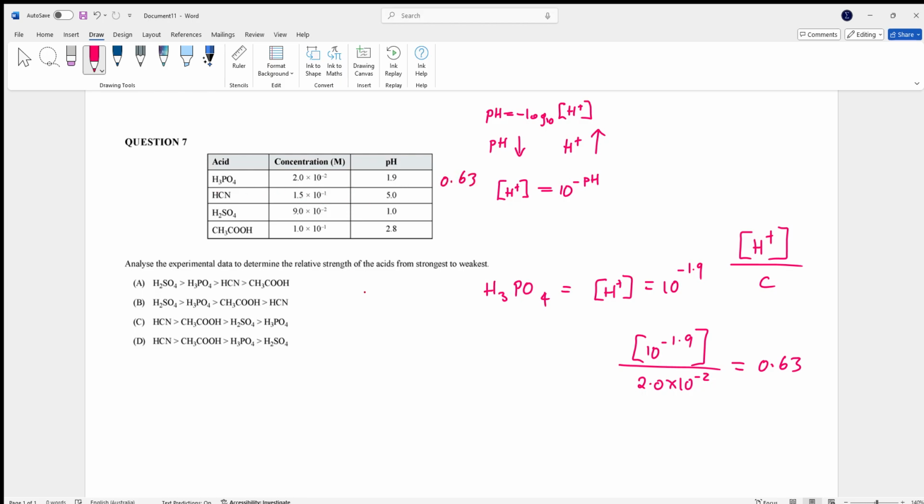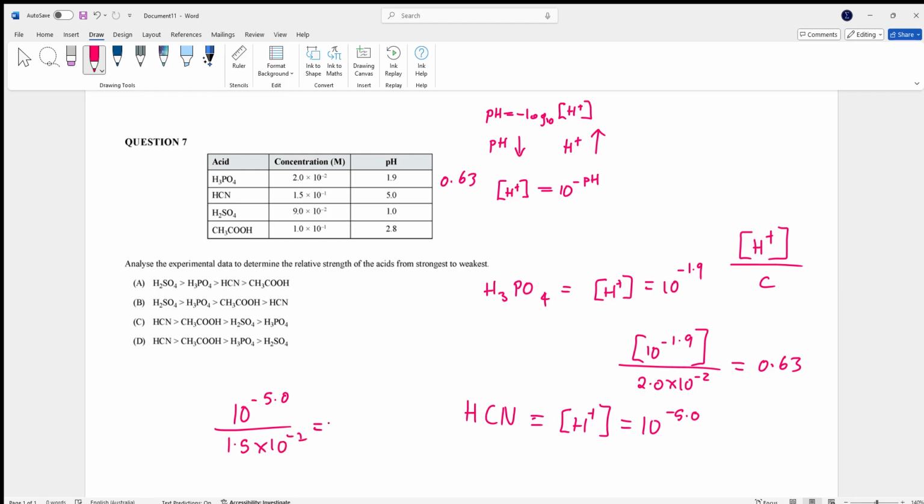And then for this one here, it's a very similar thing as well. So HCN. So your H+ is 10 to the negative of the pH, which is 5. So in terms of the relative concentration strength, you'll have 10 to the negative 5 over the concentration, which is 1.5 times 10 to the negative 1.